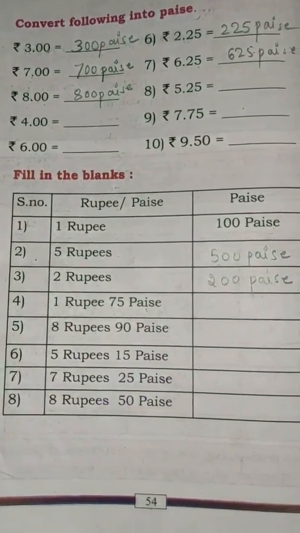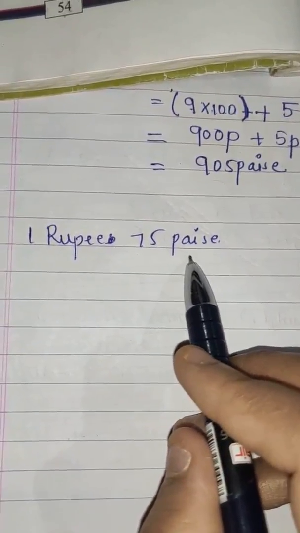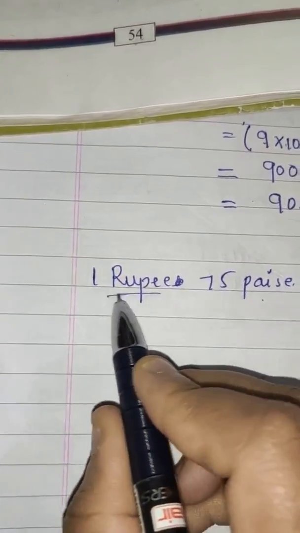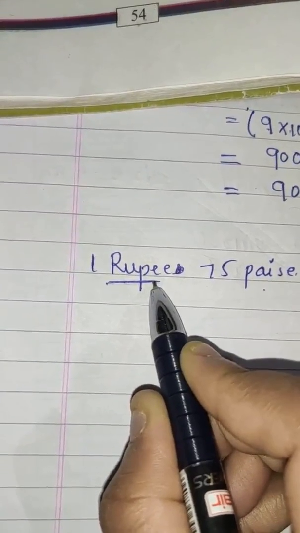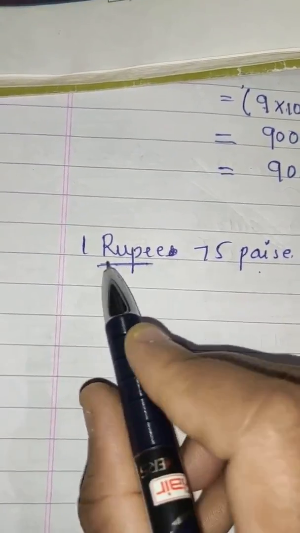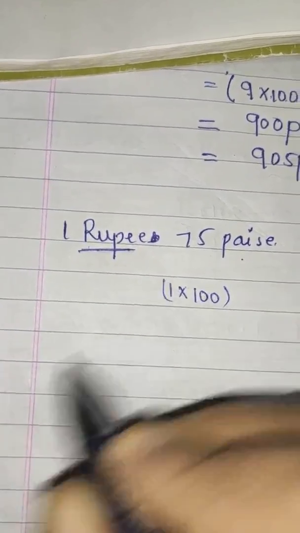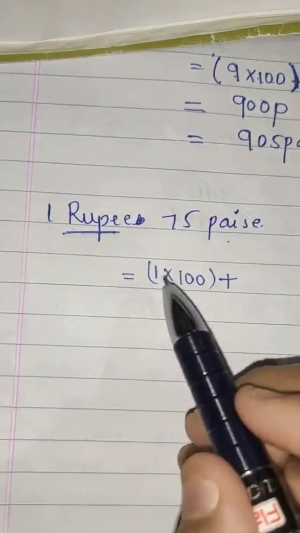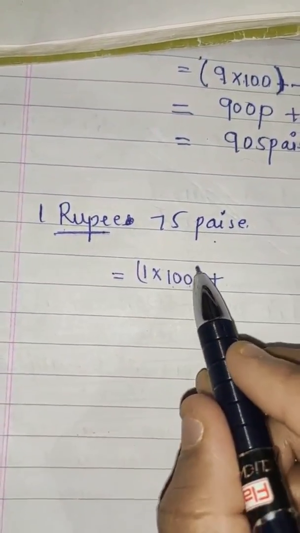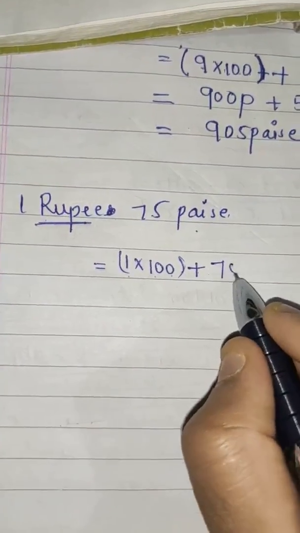First we have to convert this rupee into paise. How? Yes, we have to multiply by 100. Very good. So 1 into 100 in the bracket plus here 75 paise, as it is, you have to write.